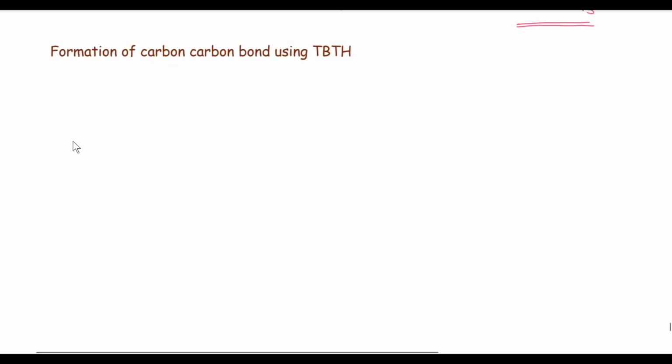Now we will see the formation of carbon-carbon bond by using TBTH. So consider this reaction.